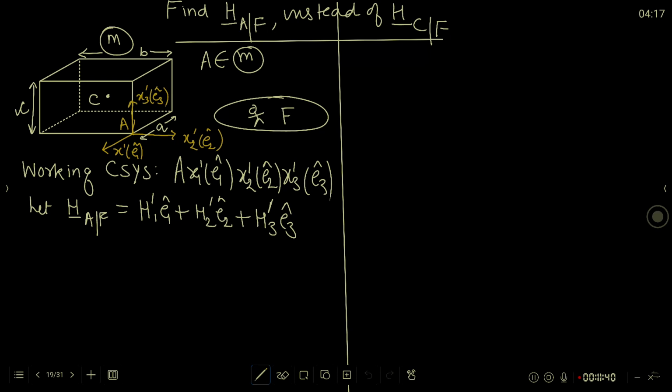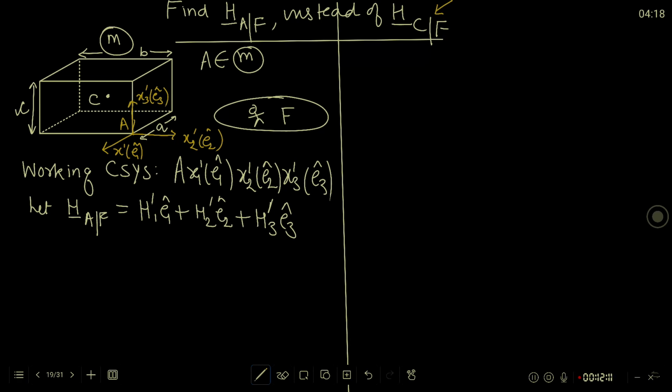Now, having found the inertia components of the RB at point C, let us put it to some use. On the previous slide, I showed you that I can find HCF using the inertia matrix at point C and then taking a dot product with angular velocity.